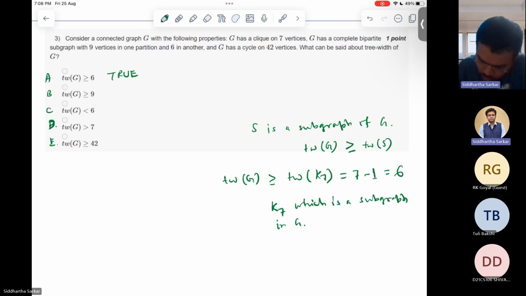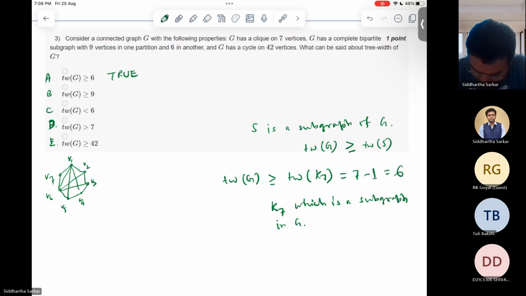Okay, so first let us draw a K7. A K7 is a set of 7 vertices. Let us name them V1, V2, V3, V4, V5, V6, V7. I'm not drawing all the edges, but assume that every vertex in this K7 is connected to every other vertex.